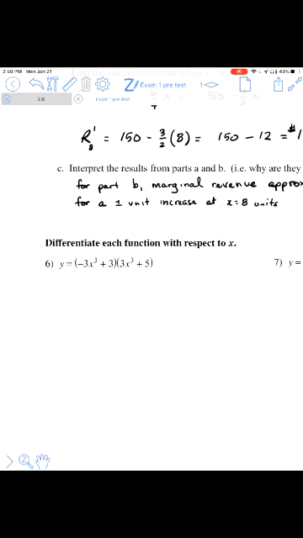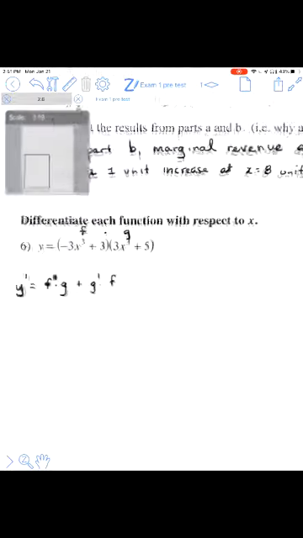So we're going to use the product rule. If we want to give function names to each of these expressions, f, for example, and g, then y is equal to f times g. The product rule of differentiation says that the derivative of a product is f prime times g plus g prime times f.